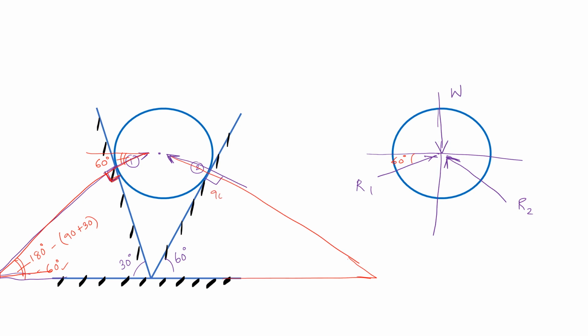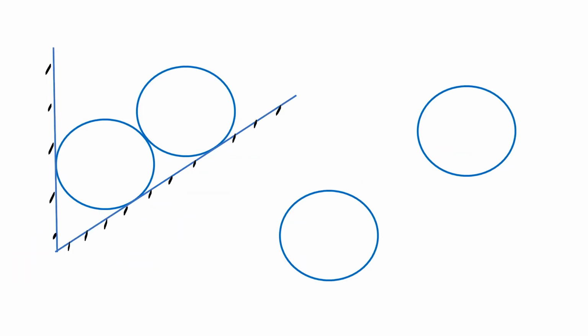This will be 90 degree and here it is 60 degree, and this angle will be 180 minus the total angle of the triangle, 180 minus 60 plus 90, which gives you 30 degree. Using the alternate angle concept, if this angle is 30 degree, then this angle will also be 30 degree. So we can mark 30 degree here. Once you find this angle of inclination, you can easily solve this problem as well. This is the free body diagram.